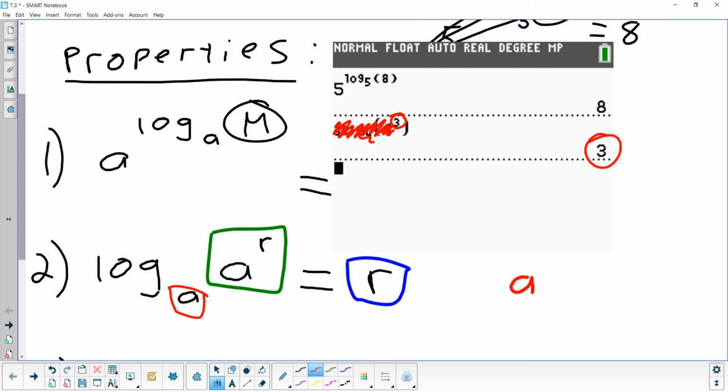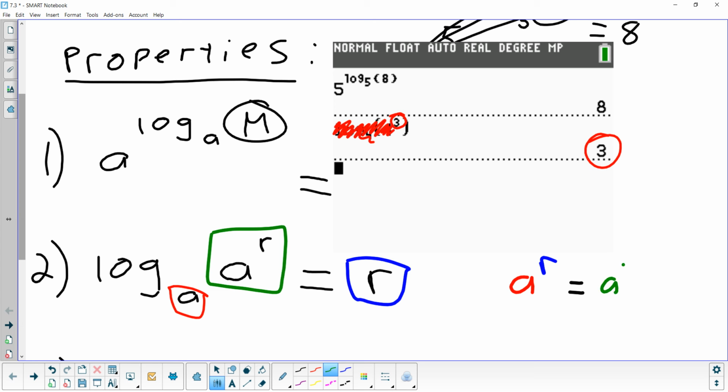Yep. The exponent. So there's the blue box. And the green box, what do we call that? That's the thing we're plugging into the logarithm. That's my argument. And where does that end up? By itself. All by itself on the other side.